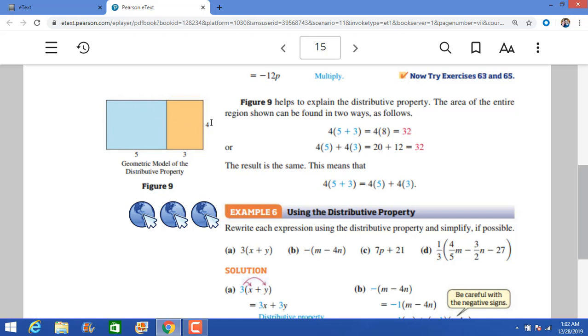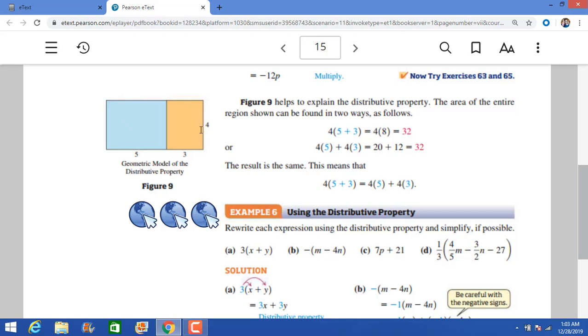And I can either take this height of the rectangle times the sum of the two bases to get the area. So I can do 4 times 15, or excuse me, 4 times 8. So 4 times 8 is going to give me what? 32. And so the area is 32 square units.